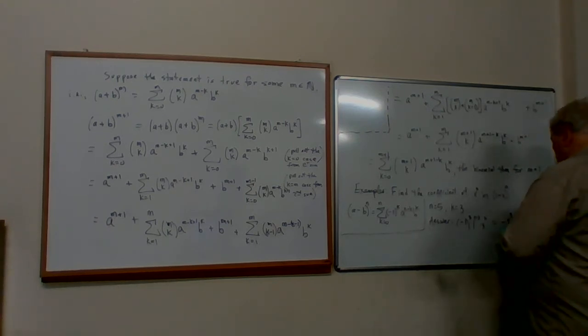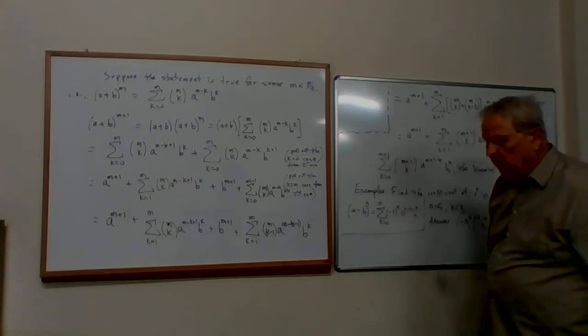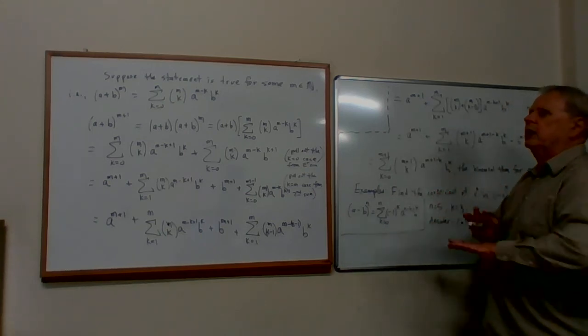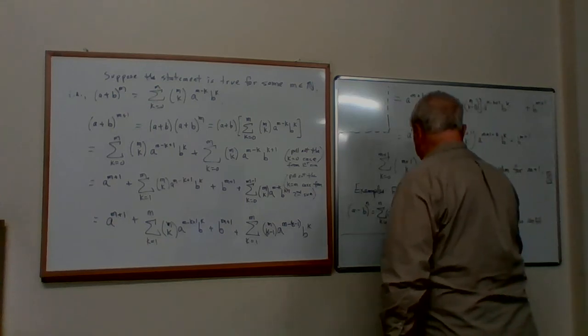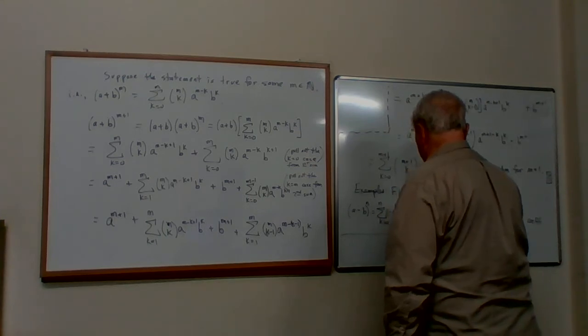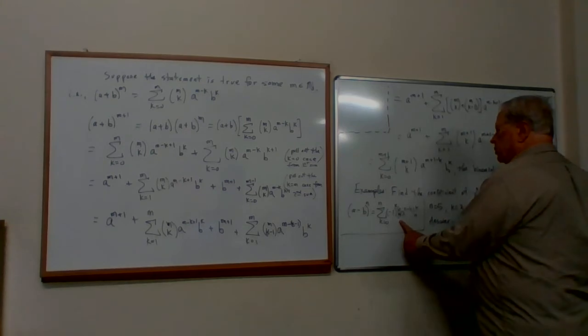So the coefficient, I'm sorry, there's one thing missing. Please correct this in your notes. Stop, kill the power, go back, correct this in your notes. I left out that very important binomial coefficient. N choose k. N choose k.